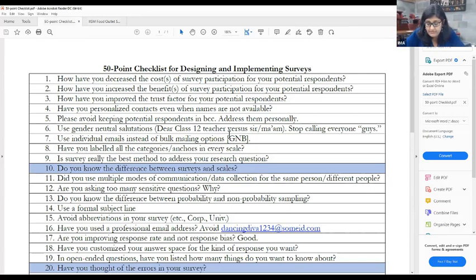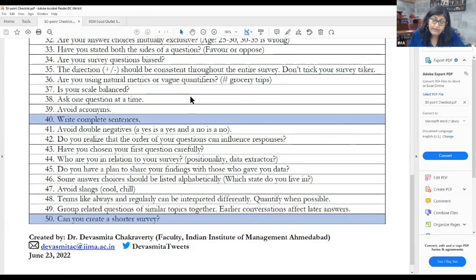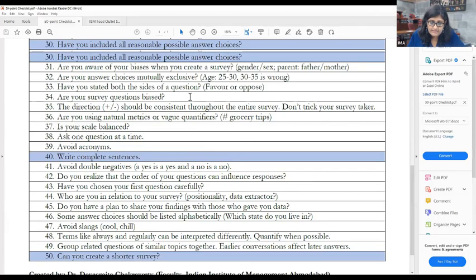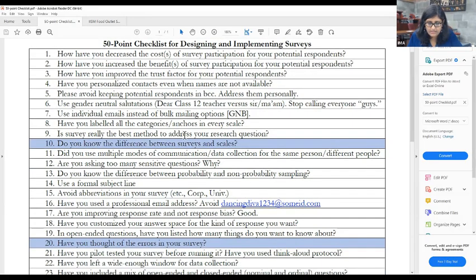People who have taken my classes before in other topics also know that I have checklists on other topics like CV writing, CV building, academic visibility. These are the 50 things that you should, and there are more, of course, but these are things that you should absolutely make sure you read and check off before you send out a survey or you develop a survey. This kind of gives you, are you doing this? Are you doing this? Are you doing this? So I hope this one is going to be helpful for you.